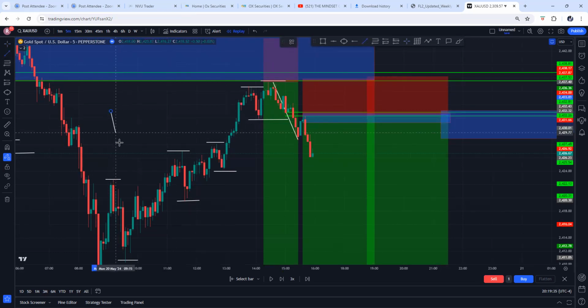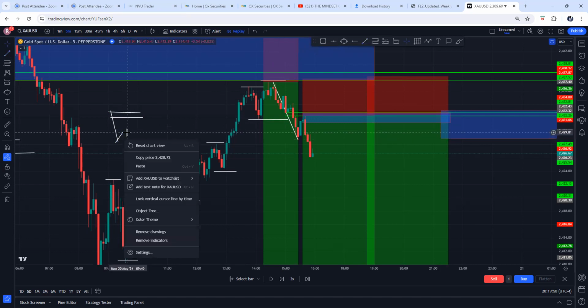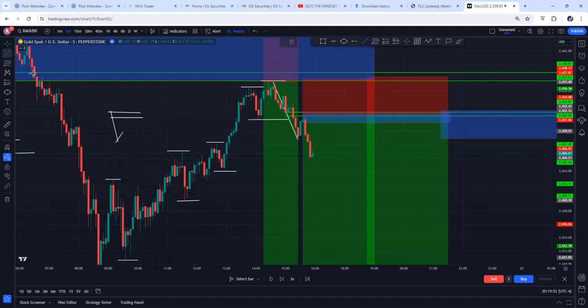So the same thing that we look to sell on initially, which was this order block up here, when price came back up with all the nice pullbacks, we're looking for this same thing again on a smaller time frame.